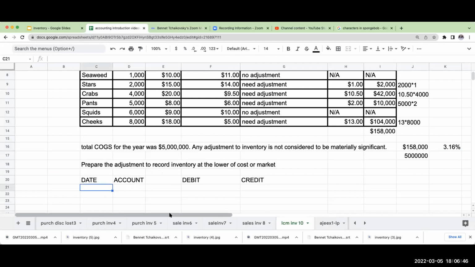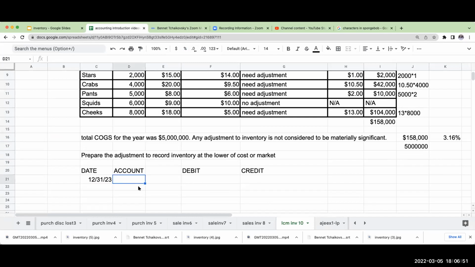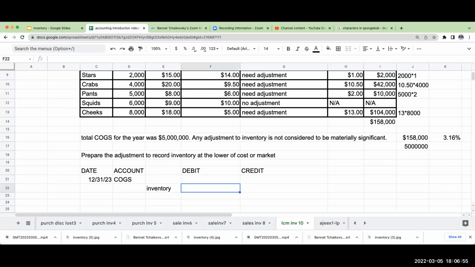So if it's not materially significant at 12/31/23, at year end, I'm going to debit cost of goods sold and credit inventory. I could also credit the allowance to reduce inventory to market. This is to record inventory at the lower of cost or market.